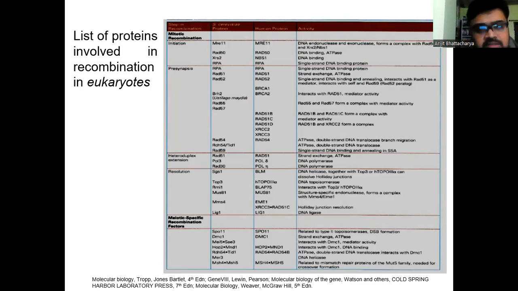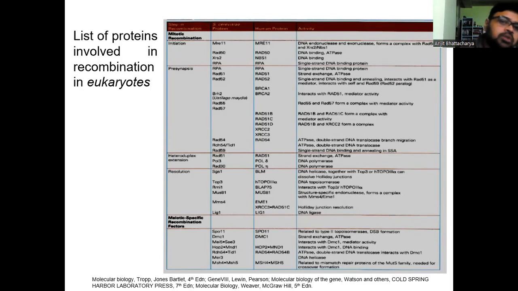Then for heteroduplex extension, again RAD51 and a few DNA polymerases like Pol delta and Pol eta are involved. Then for resolution, there are specific helicases, topoisomerases, and endonucleases. And then there are a few factors which we call meiosis-specific recombination factors, particularly SPO11 and DMC1.